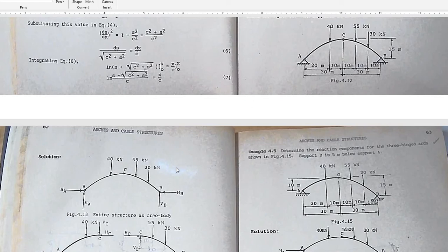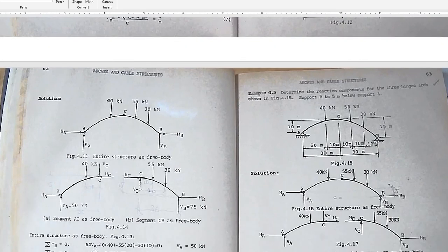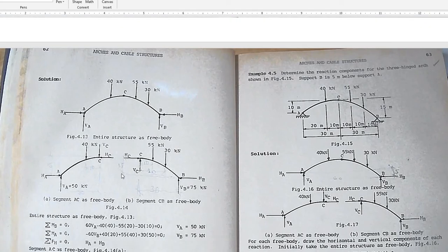So 60 times VA minus 40 times 40, negative because the direction is counterclockwise, and then minus 55 times 20 minus 30 times 10 is equal to 0. From this equation, notice that there is only one unknown. So VA here is 50 kN.